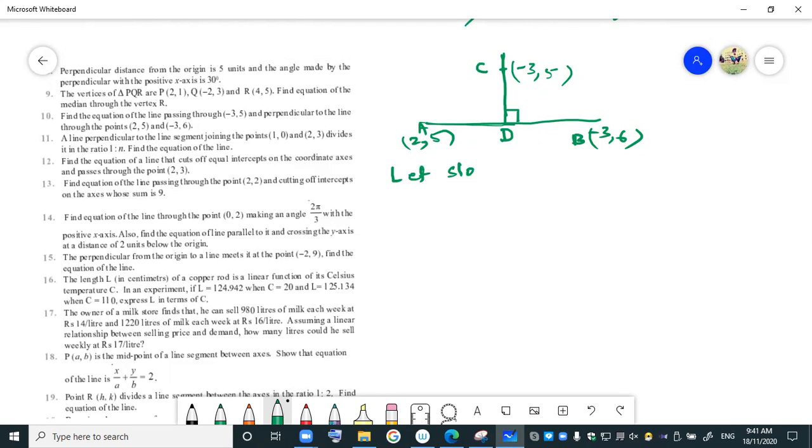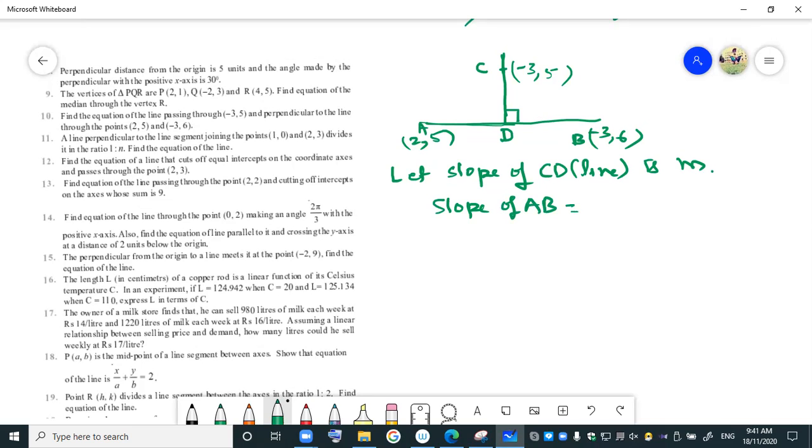Let the slope of the CD line be m. Then m into the slope of AB equals minus 1. So first find the slope of the AB line.